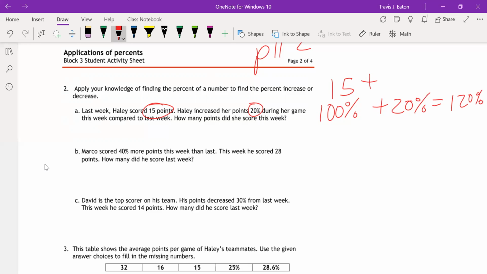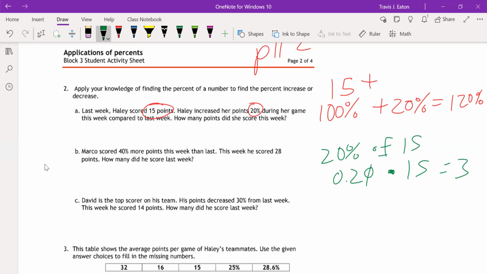So remember, if we were to write this, 20% of 15, that means we could write this as a mathematical equation. 20% would be 0.20, but of course that last 0 isn't necessary. Of means multiply, and 15. So 0.2 times 15 is 3 points.